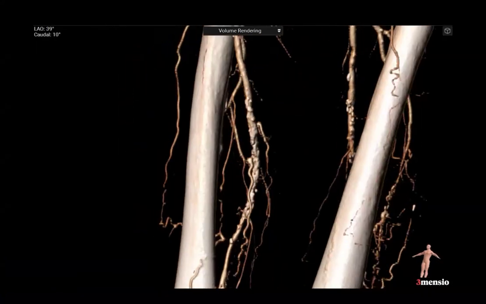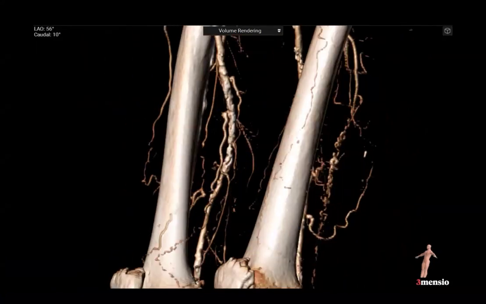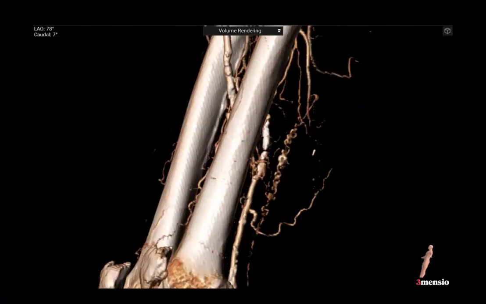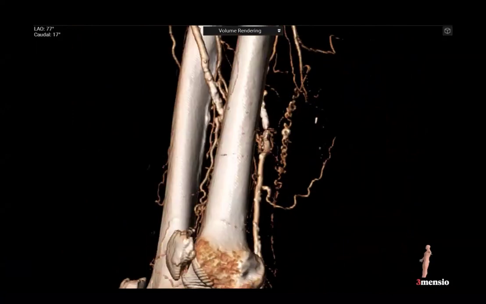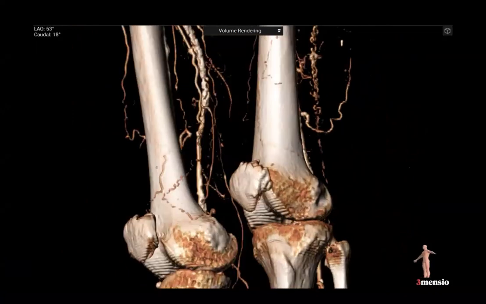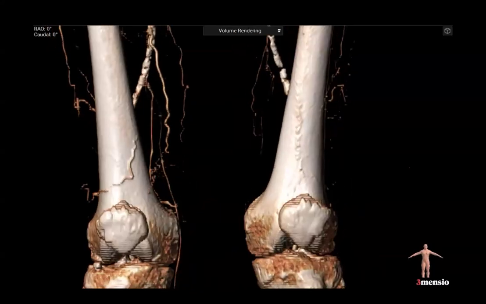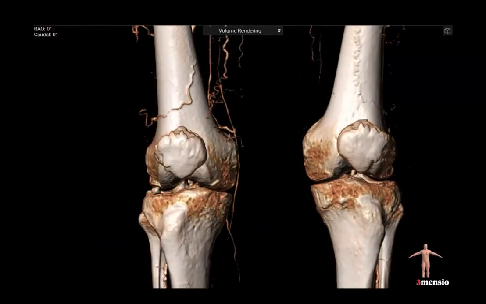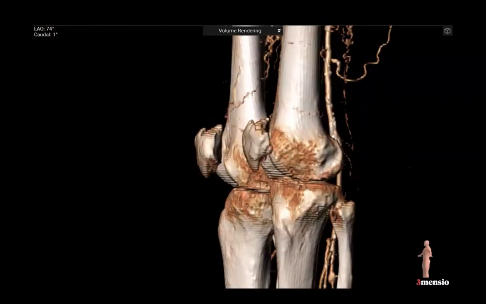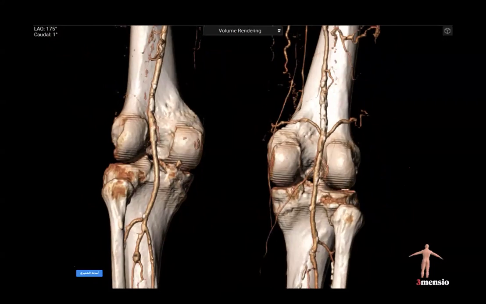The main issue we face when reading infrapopliteal disease is blooming artifact in these calcified arteries. The calcium deposits make lesions appear larger than they are, and that results in lower accuracy of the test, especially in CLTI patients who have a lot of infrapopliteal disease.